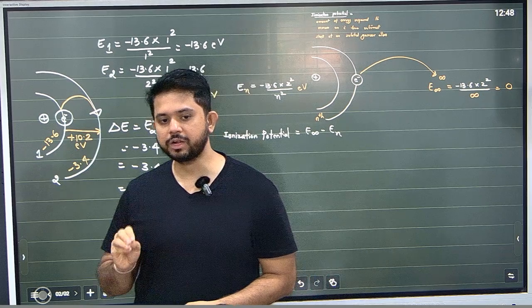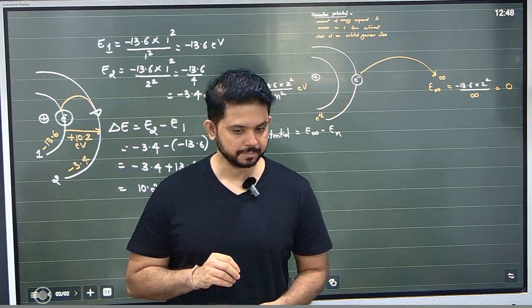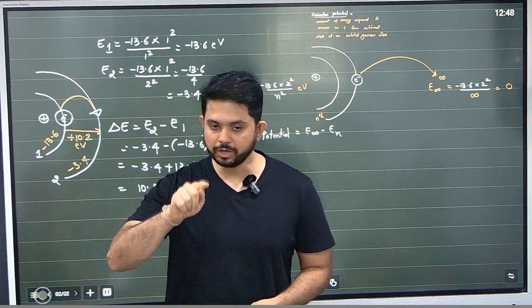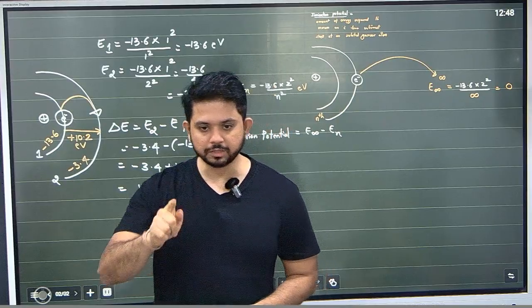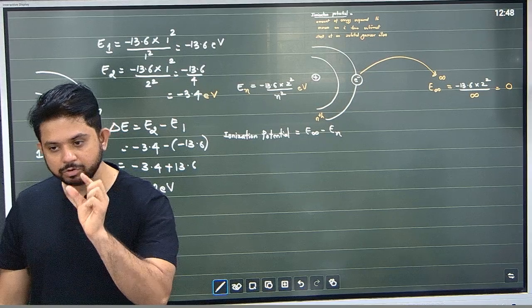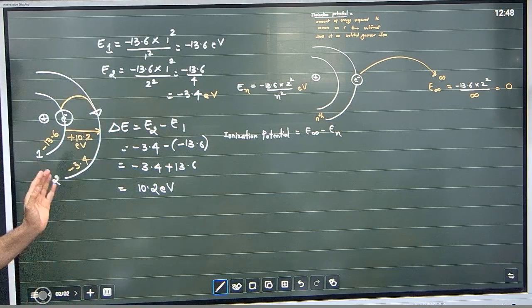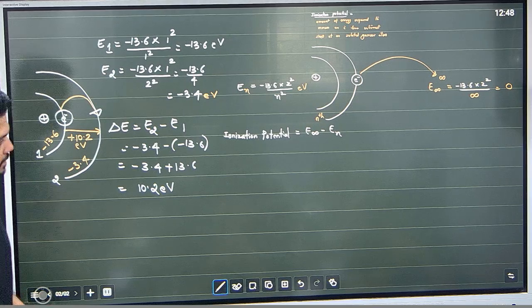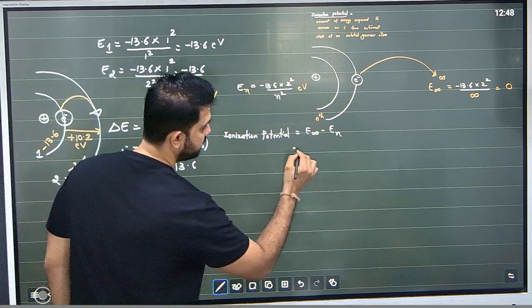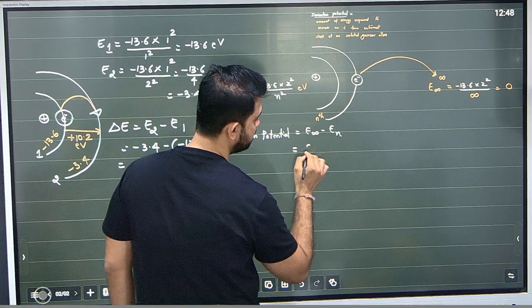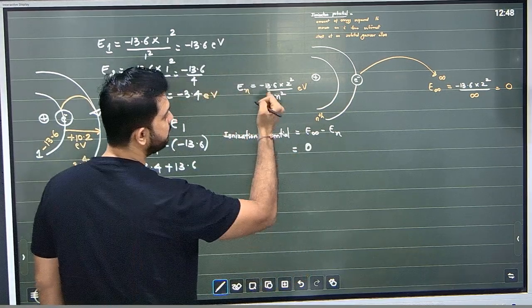This confirms quantization of energy. If you want the electron to go from one orbit to the other, a specific amount of energy has to be supplied. We can find the energy for every transition like this. Similarly, the ionization potential will be the energy at the infinite orbit, which is 0, minus the energy in the nth orbit. What was the energy in the nth orbit?